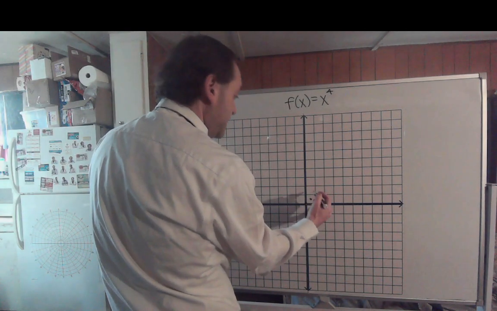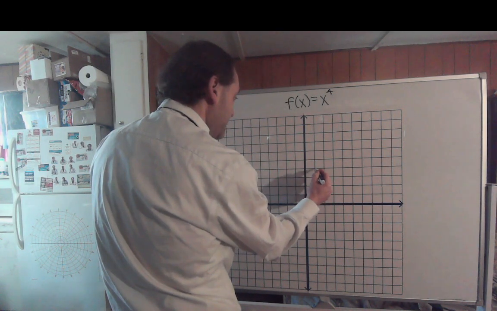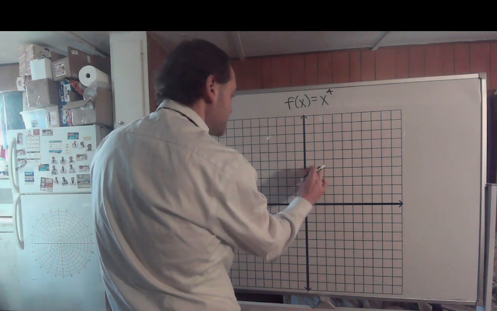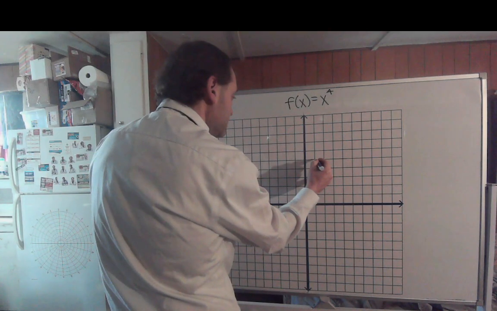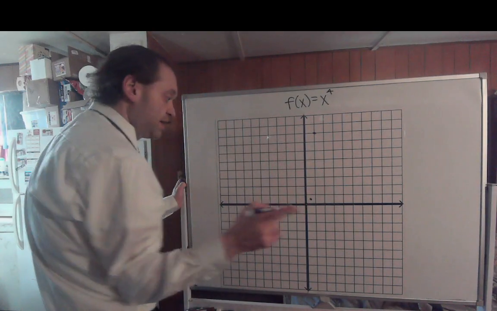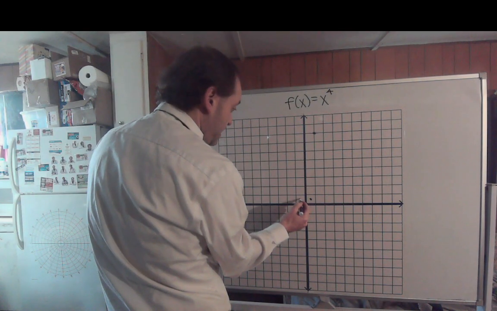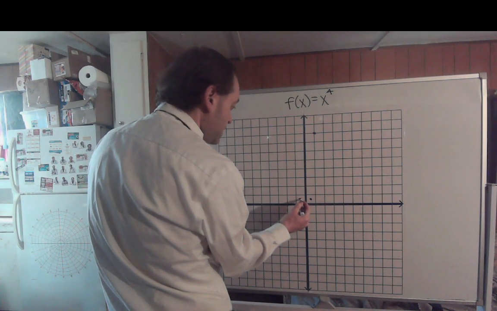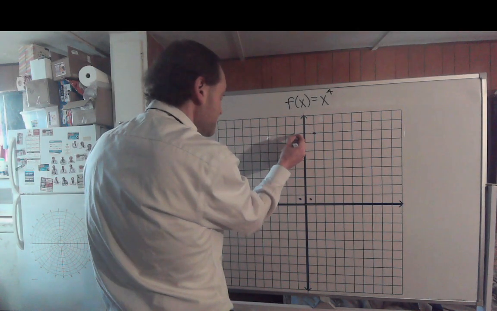No, actually it's 16. I'm sorry, I was thinking of the third power. 10, 12, 14, 16. And then, let's take negative 1 to the fourth. You'd still get positive 1. Then if I take negative 2 to the fourth, you would also get positive 16.